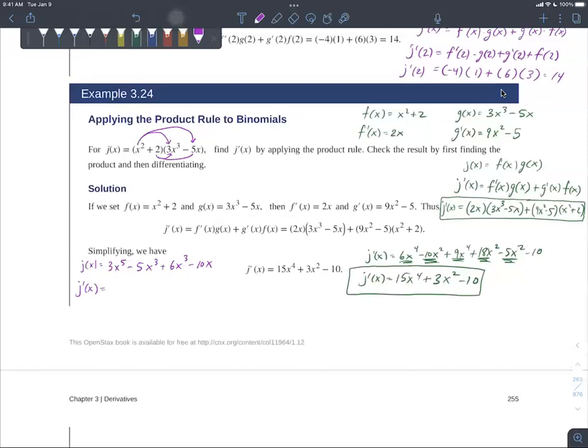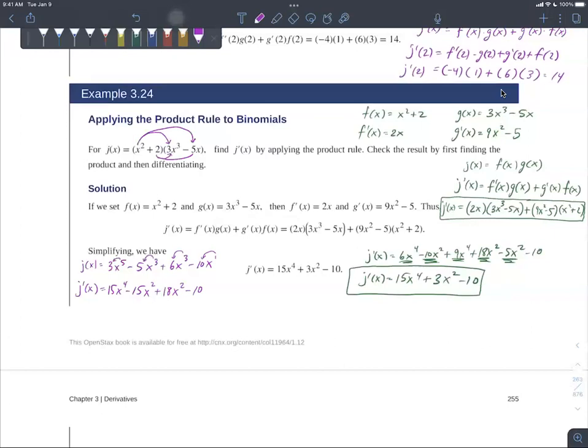this is going to be, okay, we bring the exponent here. 5 times 3 is 15. Subtract 1 from the exponent, that gives us an exponent of 4. Minus 5 times 3 is a minus 15x, subtract 1 from the exponent, plus 3 times 6 is 18x, subtract 1 from the exponent, and we get an exponent of 2, minus 10x to the 0, which is just 1, so we can leave it off.